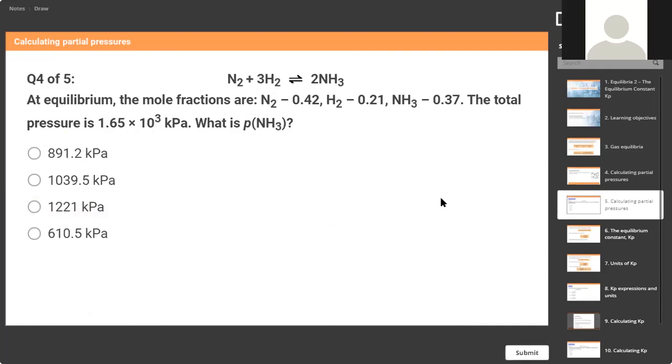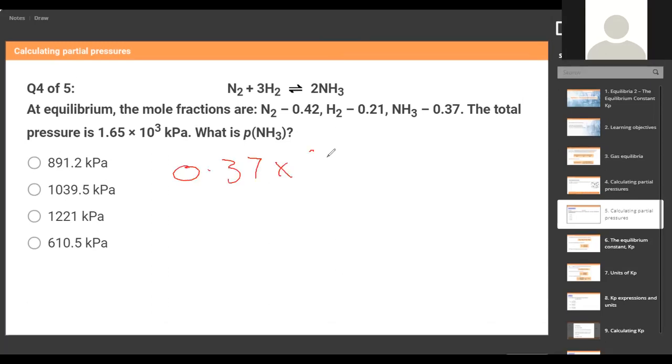Again, at equilibrium, they've given us mole fractions this time, which is nice, and they've given our total pressure. What is the partial pressure of NH3? Okay, so we've got 0.37. So all you're going to need to do, I'll write this one out. You're going to get 0.37, and you're going to multiply that by 1.65 times 10 to the power of 3.